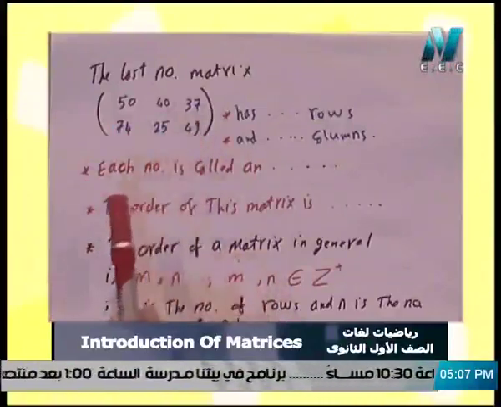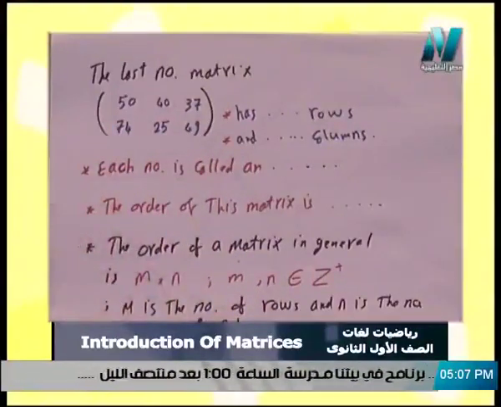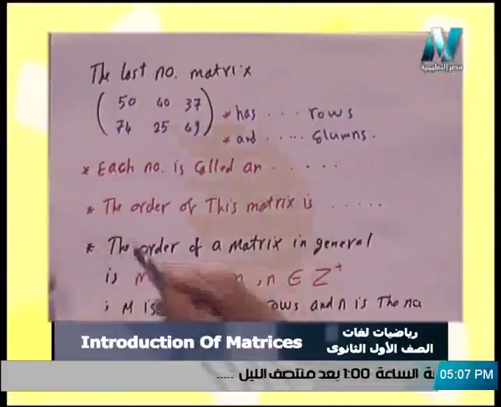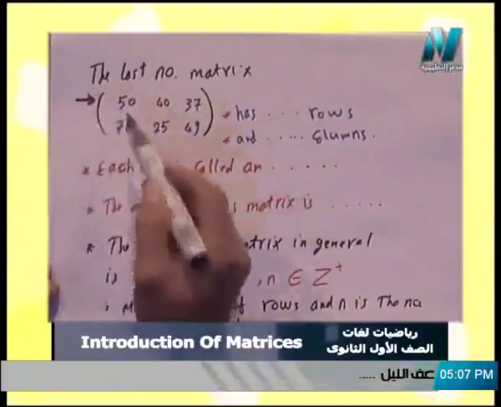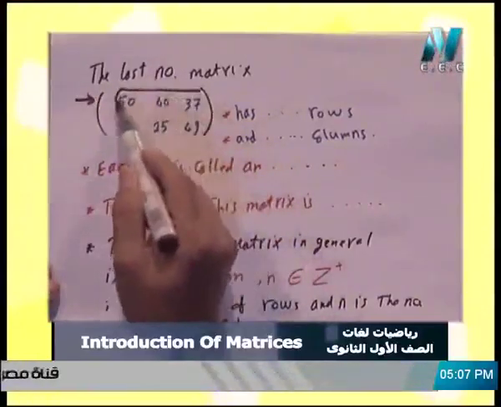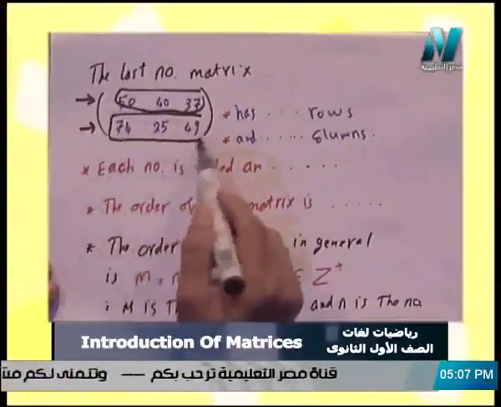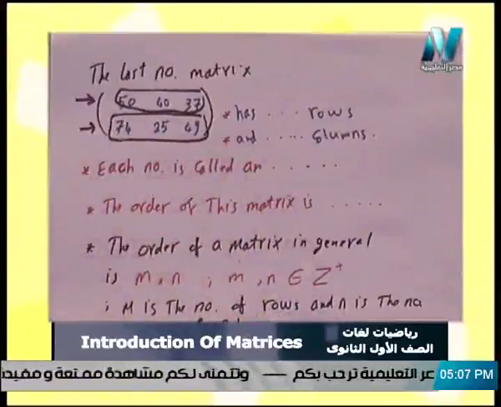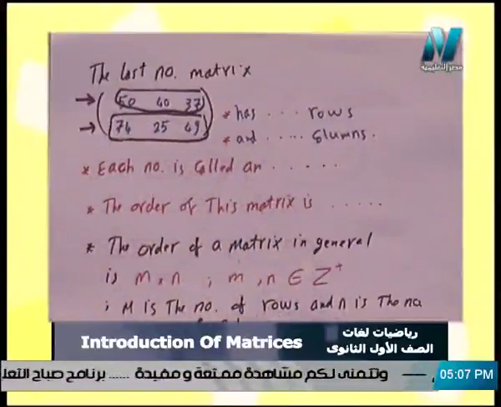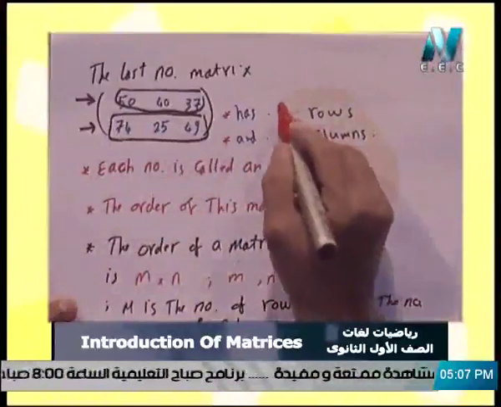How many rows do we have here? What is a row? A row here is this row. This is a row, and this is the second row. So how many rows do we have? Yes, we have 2 rows.